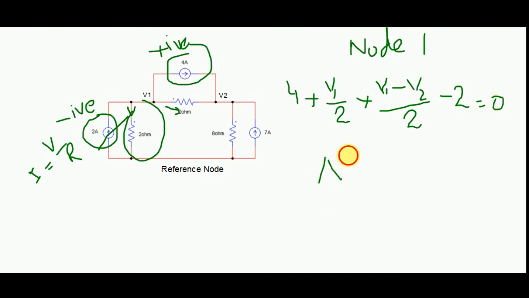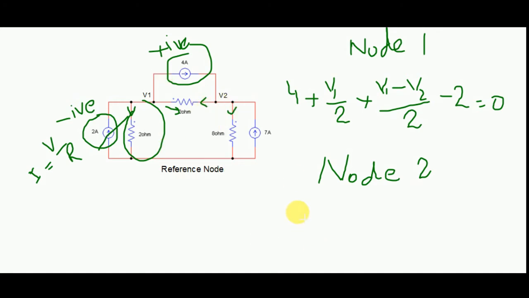Now the equation of node 2. Here the current entering node 2, this is also a current entering node 2, and here we take the current leaving node 2.